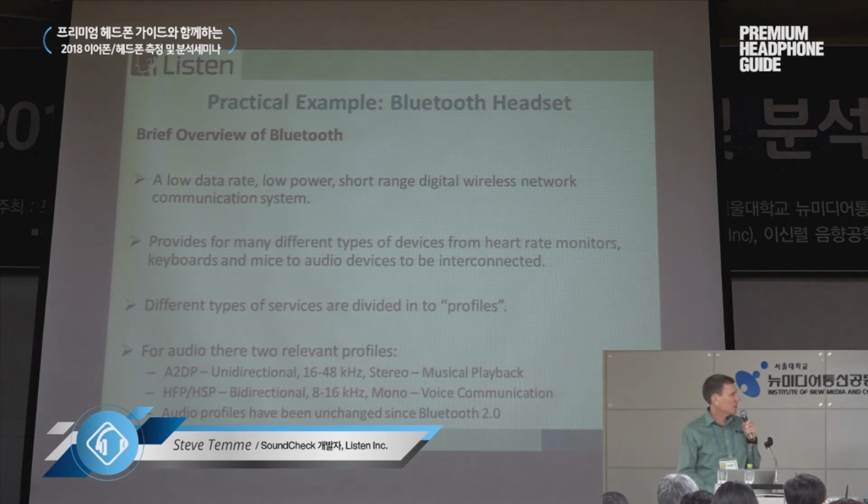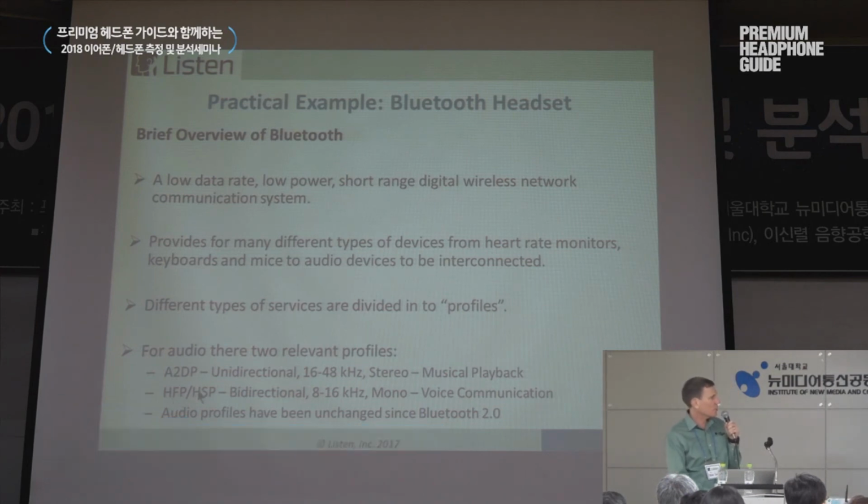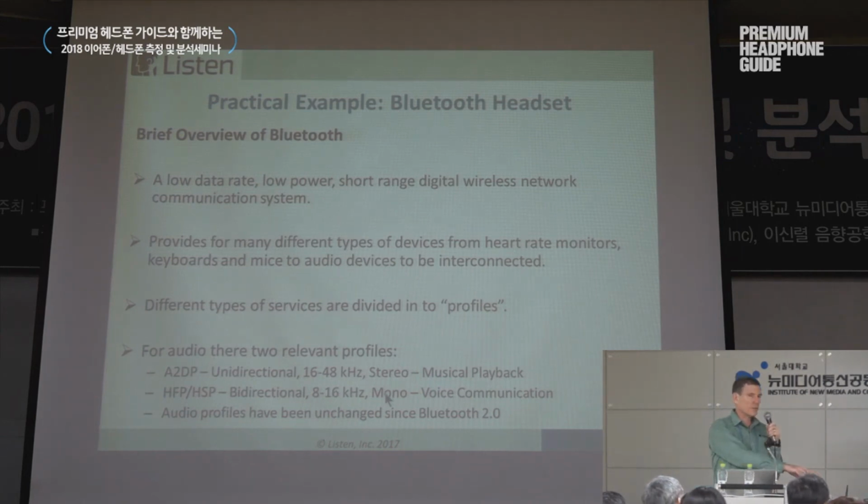If we're using the headset essentially as a phone or a communication device, we have to use HFP and HSP, the hands-free and headset protocols, which have a much lower bit rate and sampling rate and are actually just mono. So we have our calibrated Bluetooth interface, and now we'll switch codecs.